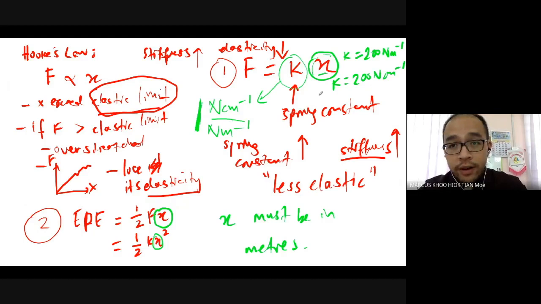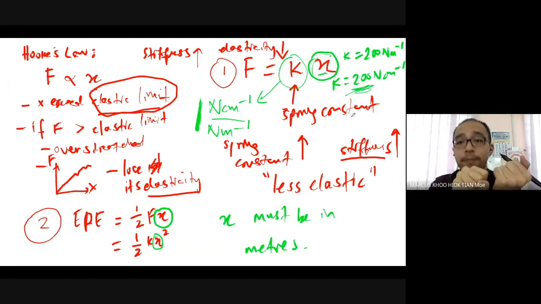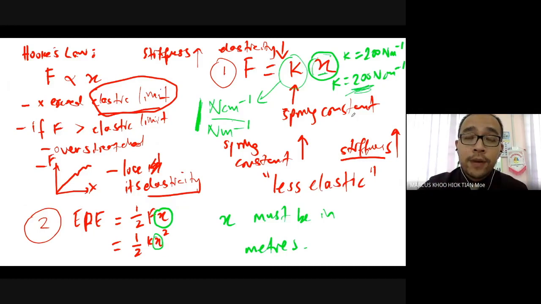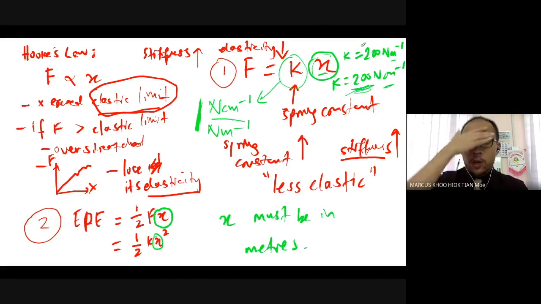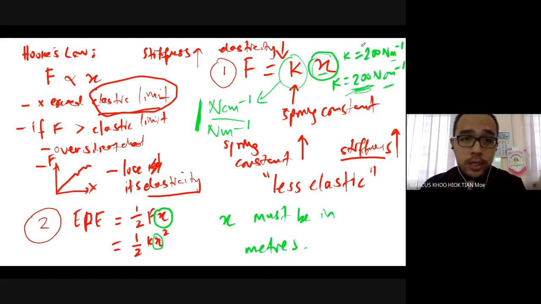It's very, very high. You just want to extend for 1 cm only, you need 200 newtons of force. So just be very careful with this meter and this centimeter. Meter and centimeter just tells you how much you want to extend, and the number will tell you how much force you need in order to extend by that much. Okay, so this is what we've covered in our previous lesson, which was yesterday.